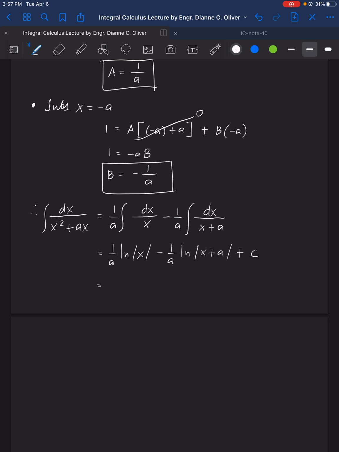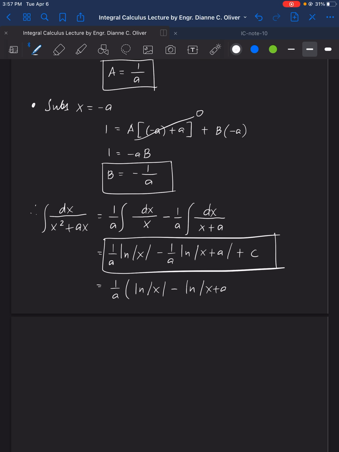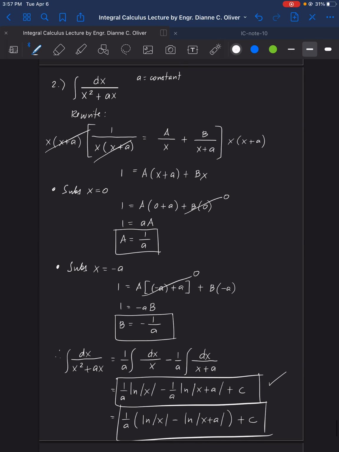So you can have this as the answer, or you can have it as 1 over a times ln of x minus ln of x plus a, or any other form, just so it can go back to this. Okay, so that's for number 2.